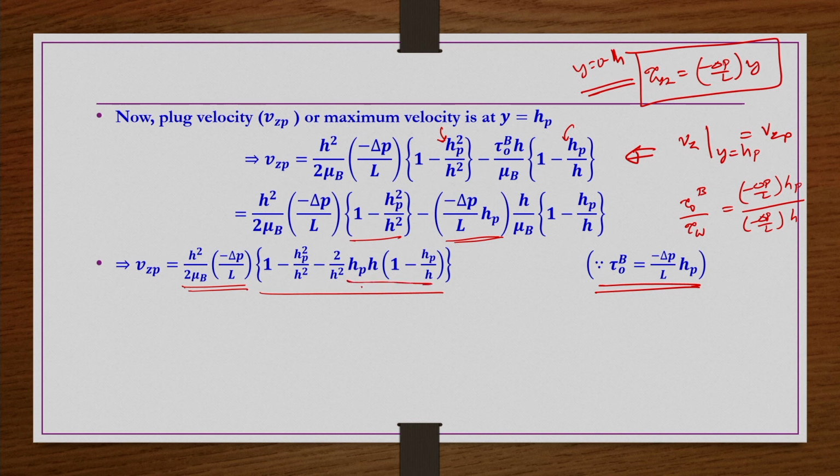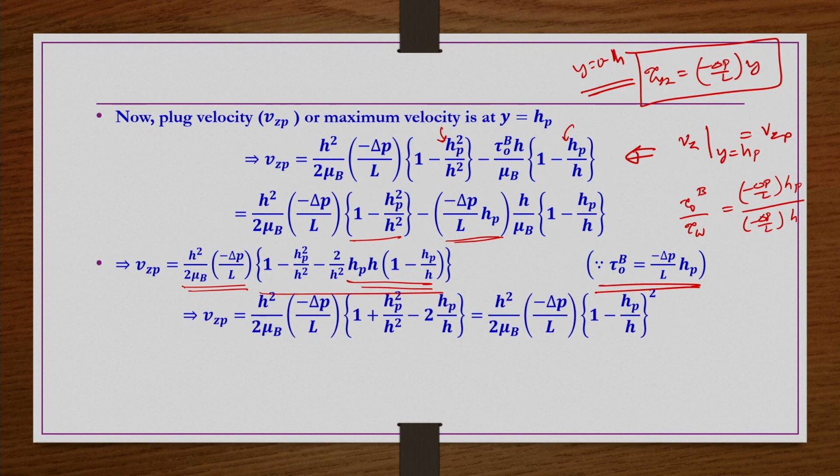Now we expand this term. We will have minus 2 Hp by H, and then plus 2 Hp square by H square. There it is minus Hp square by H square, so then plus Hp square by H square we are getting. So you can write 1 minus Hp by H, whole square.